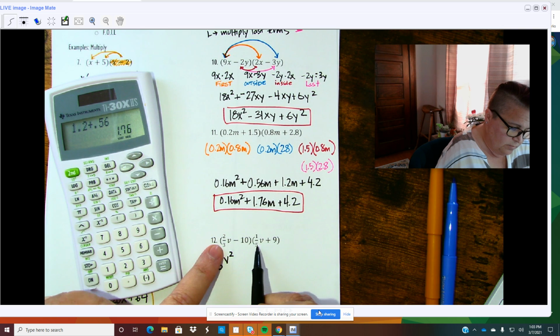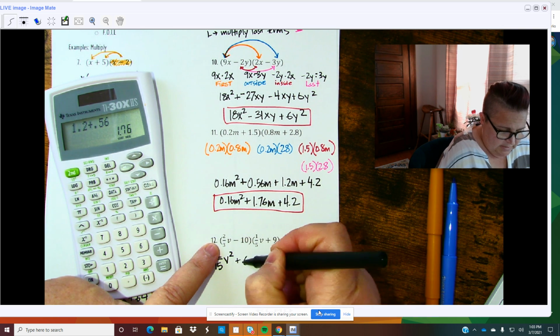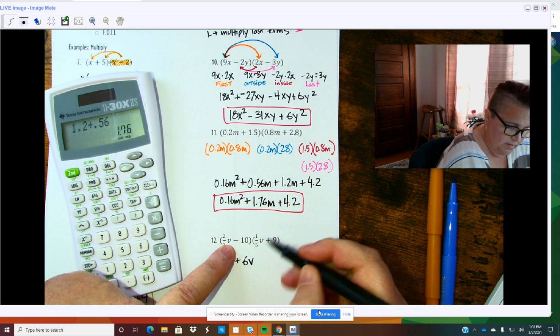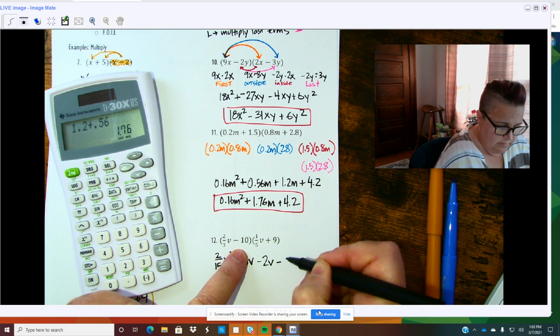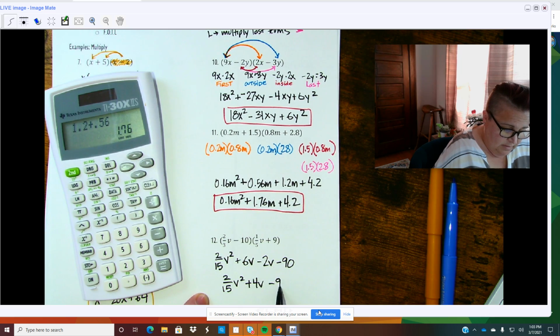That's my first terms. My outside would be 2/3 of 9, which is 6v. My inside would be 1/5 of 10, or minus 2v. And my last would be minus 90. 9 times 10 is 90. Or 2/15 v squared plus 4v minus 90.